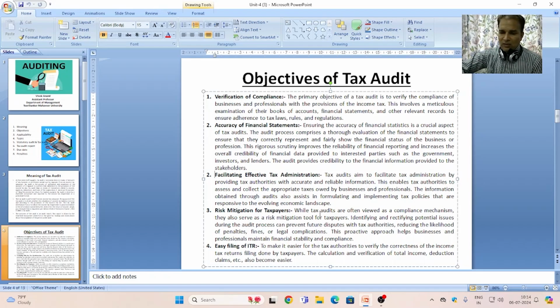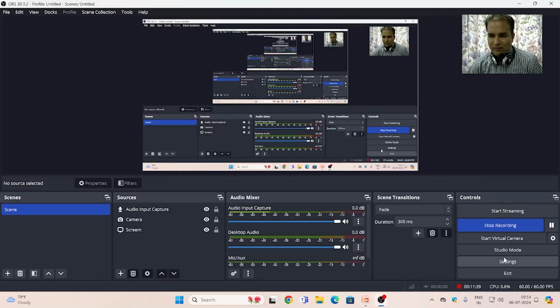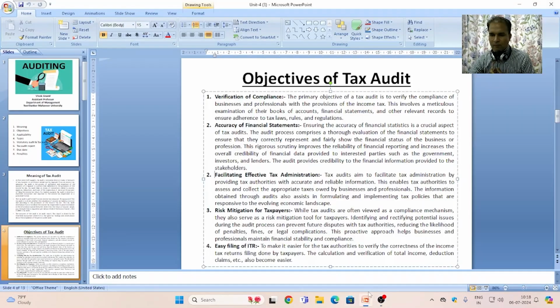So somewhere tax audit provides an easy path for filing of income tax return, because after the tax audit, reliable and accurate data is there. So these are the basic objectives of a tax audit.